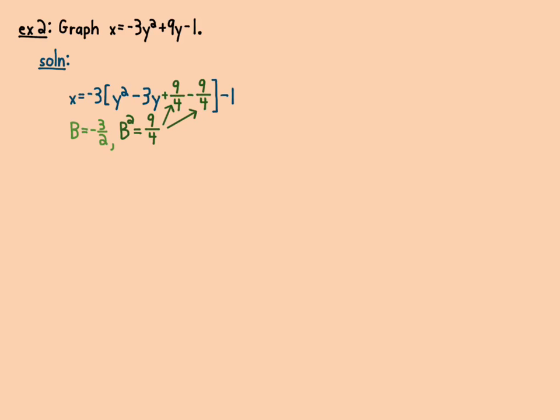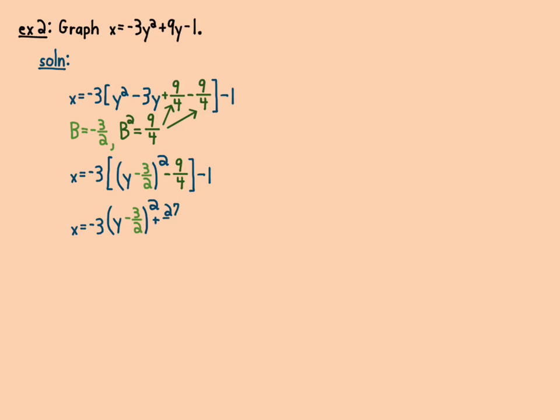But the minus 3 in front, the brackets, and the minus 1, you copy down the same, and we're just working inside the brackets, changing the form of that, completing the square on the thing inside the brackets. So we get this, negative 3, open bracket, open paren, y minus 3/2, close paren squared, minus 9/4, close bracket, minus 1.